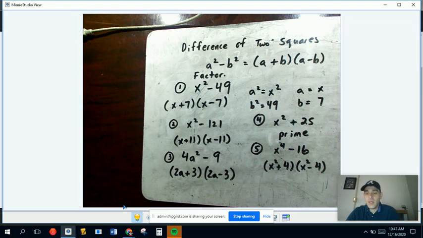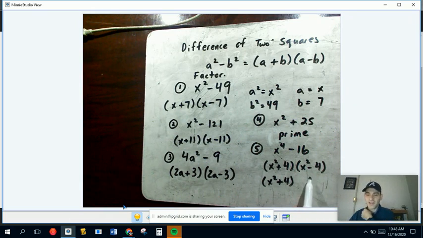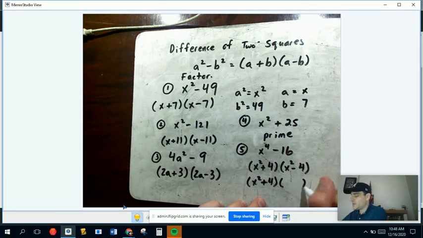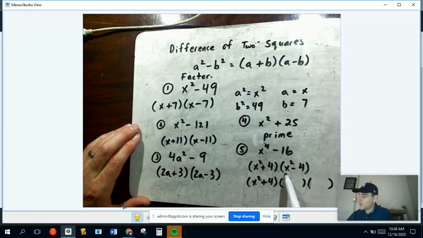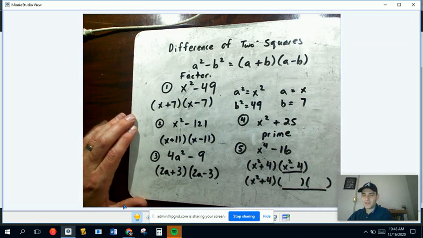Okay. Now, looking at this, we know that part is done. But here, x squared minus 4, you can apply the same pattern again. That is, I can factor this into two different things. What times itself makes x squared?